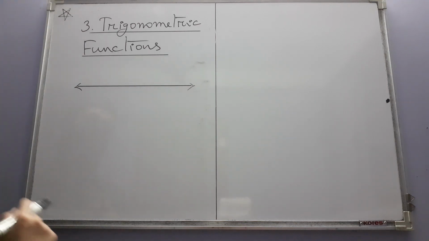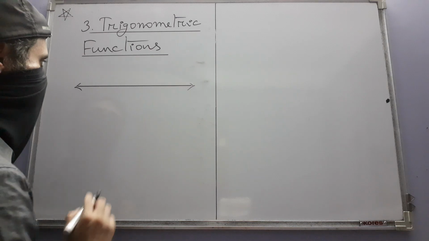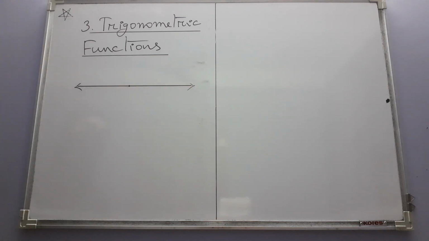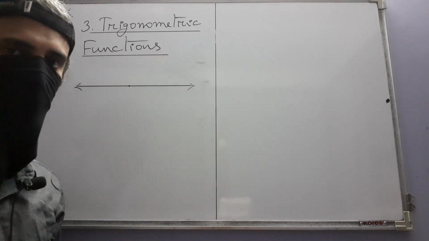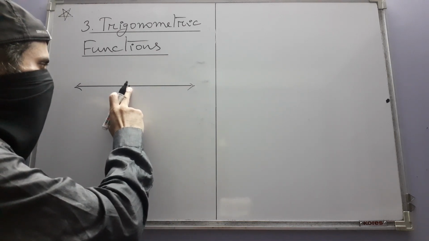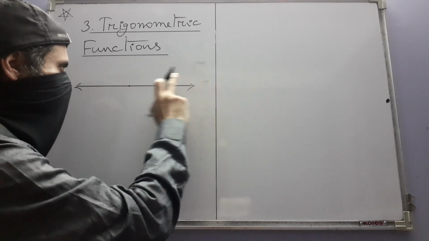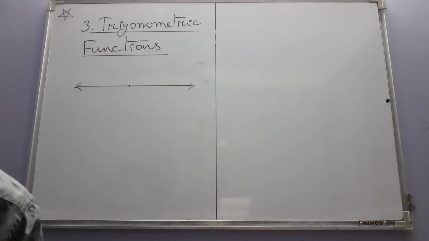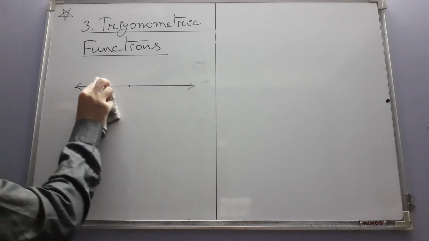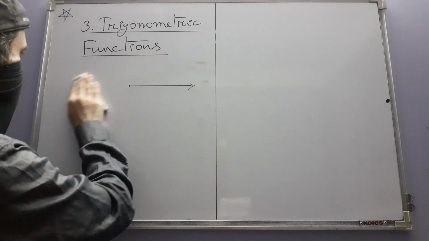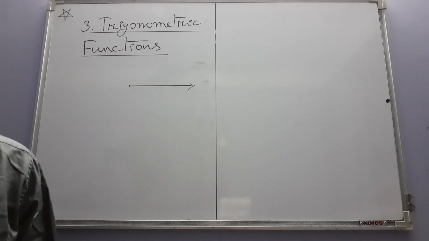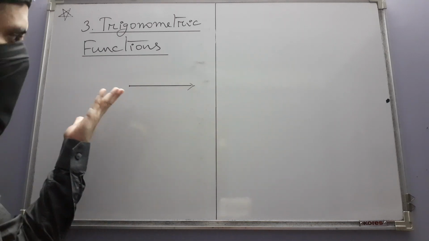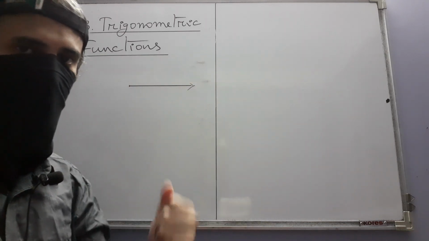Now, a ray is obtained from such a line by choosing any point on it and then considering only one half. From this point, either you take this half or from this point you take that half. And if you remove one half, whatever you are left with, that's a ray. Such a ray has this distinguished point. There are other points, of course, there are infinitely many points on this ray.